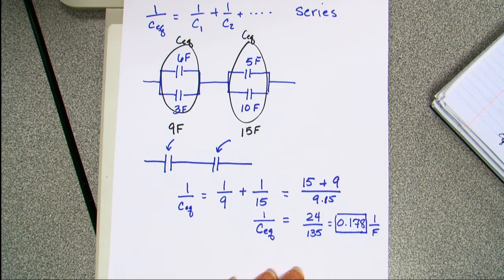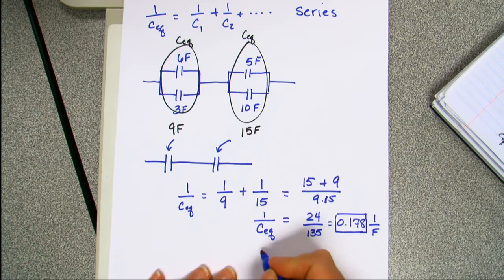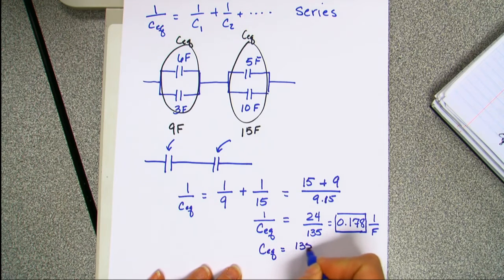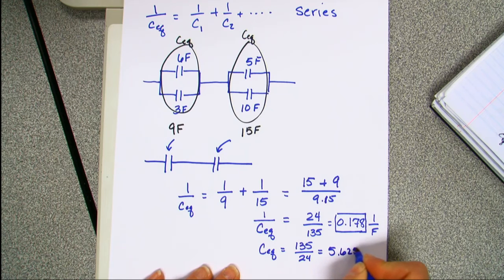And you are, because it's asking you for CEQ, which is 135 divided by 24, which is 5.625 farads.